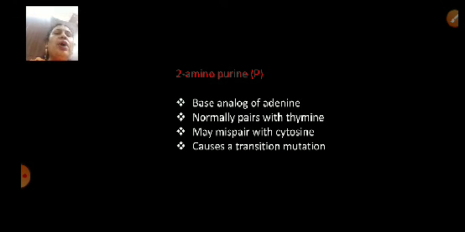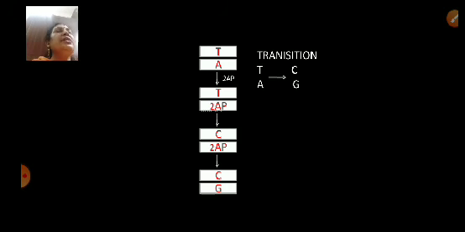Like adenine, 2-aminopurine normally pairs with thymine. But 2-aminopurine can also pair with cytosine. When 2-aminopurine is added in the place of adenine and it pairs with cytosine, it leads to an AT to GC transition. It means it causes a transition type of mutation.